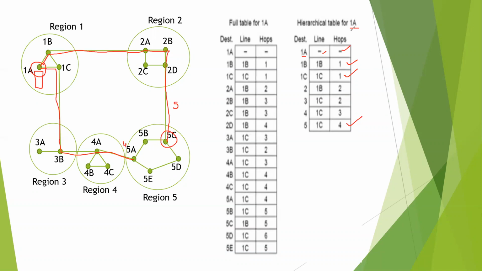But as the hierarchical table contains 1C, it sends like this: 1, 2, 3, 4, 5, and 6. It actually takes 6 hops to reach 5C. But we can consider this minimal compared to the reduction of the table. Each router should contain only this much table information, and need not contain the complete information.